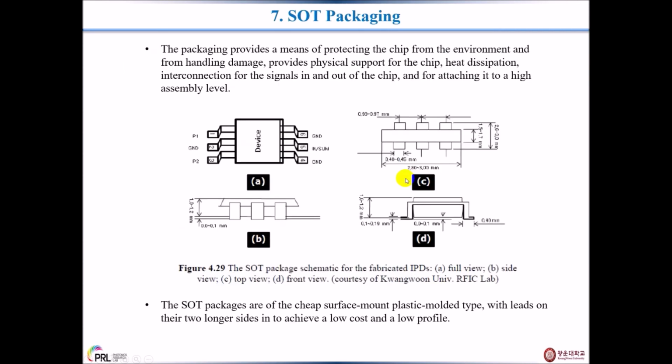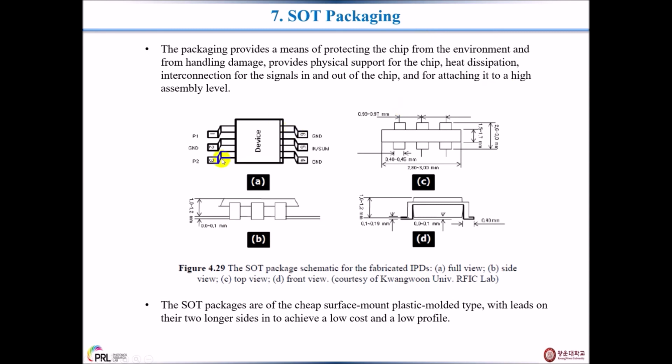IPD packaging provides a means of protecting the chip from the environment and handling damage, provides physical support for the chip, heat dissipation, and interconnection for the signals in and out of the chip, and for attaching it to the higher assembly level.